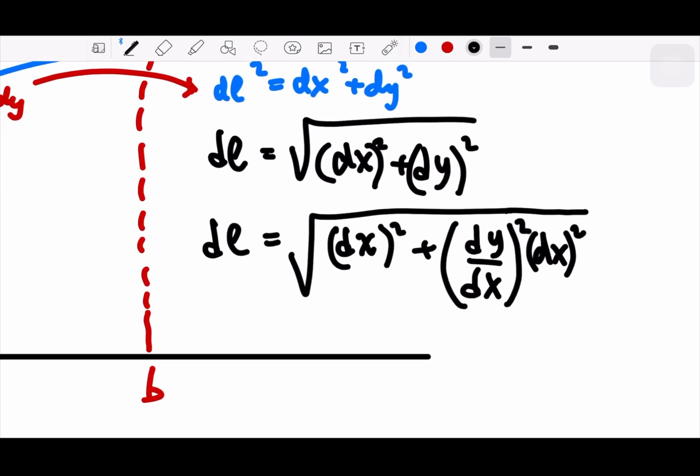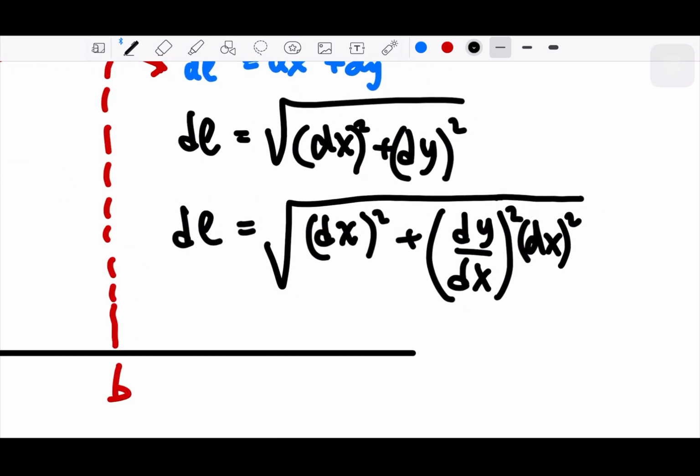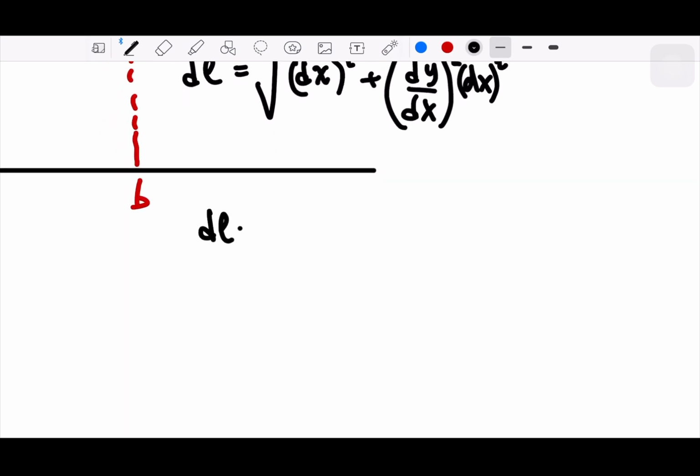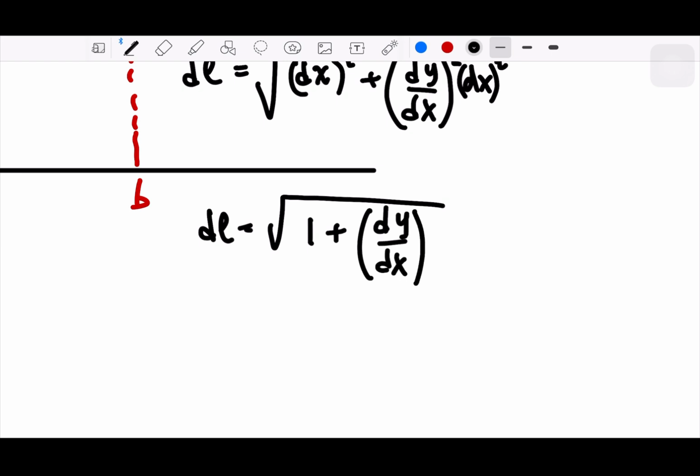Let me just change this dy into dy over dx, multiplied by dx. It's actually the same thing, right? But we can factorize dx outside. And then we have the square root of 1 plus (dy over dx) squared, and then dx.